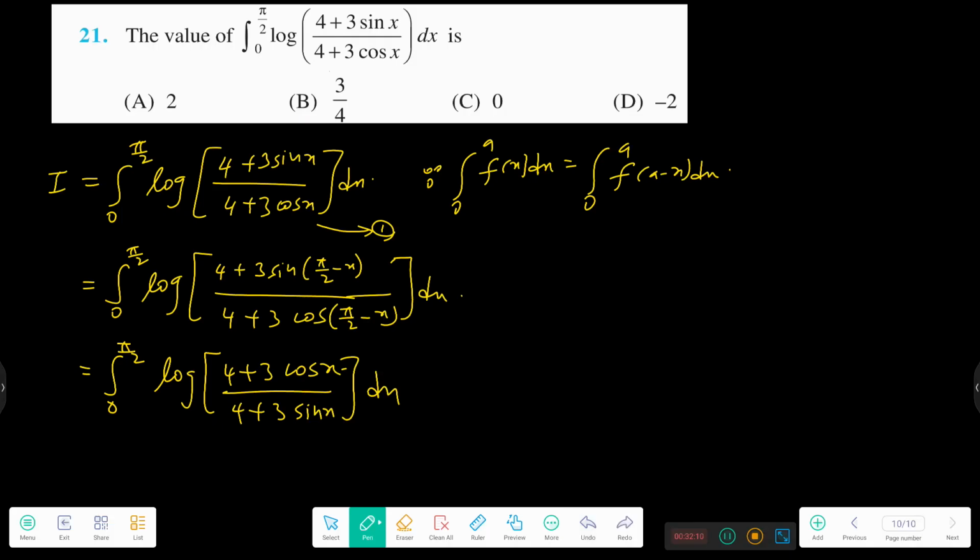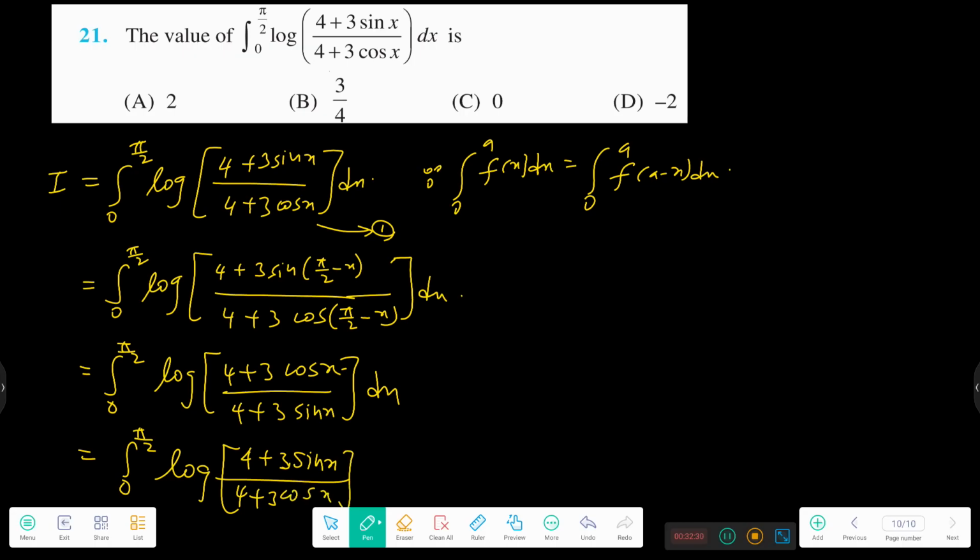Suppose if you take the reciprocal, it will be very easy. So the integral from 0 to pi by 2 of log of, I am doing the reciprocal, 4 plus 3 sin x divided by 4 plus 3 cos x.